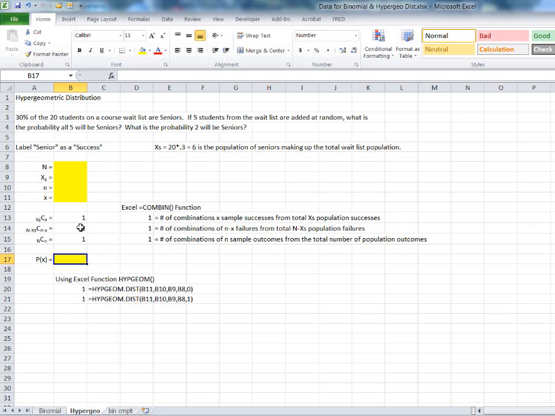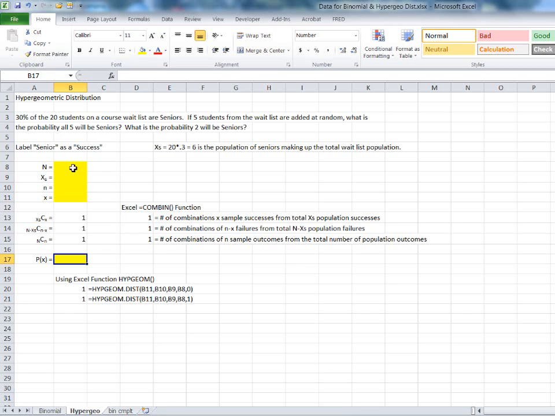We'll multiply those together and then divide by the total number of possible combinations, whether they're seniors or non-seniors. And that involves taking 5 students out of a total of 20. How many different combinations are there that could occur for this particular example?